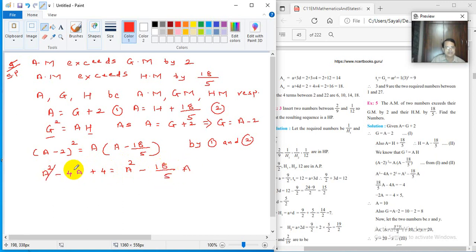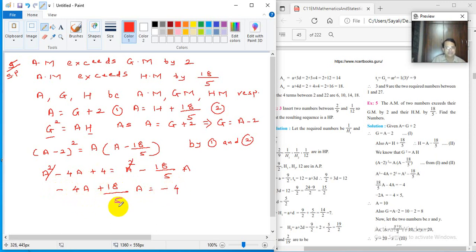So this a squared you can cancel from both sides, and this minus 18/5a I can bring on left hand side. So minus 4a and plus 18/5a is equal to, this 4 I can shift to right hand side, so minus 4.